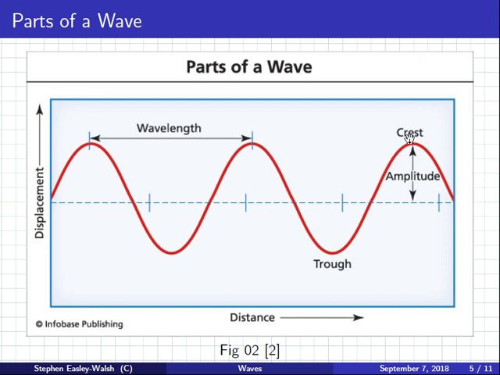Before I told you the word crest, how would you describe this? Top, yeah, good. Top, what else? Peak, yeah, peak, good. What else? Maximum, yeah. But in the exam, they want the proper physics word, which is crest, okay? So can you copy this as well, with the names?